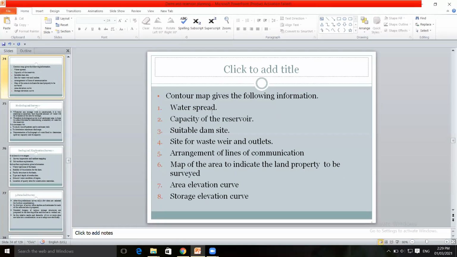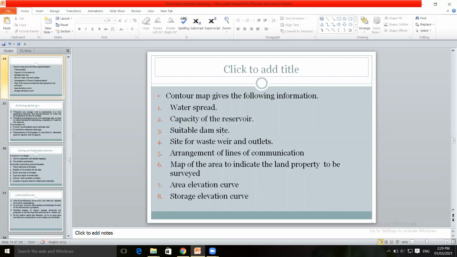How much water is spread, how much the water is covered in that area, how much the water is spreaded in that catchment area, capacity of reservoir, reservoir capacity, its discharge, flow of the river, discharge through river, how much the water is stored, levels of the water, where to locate the suitable dam site, we get an idea from the contour map.